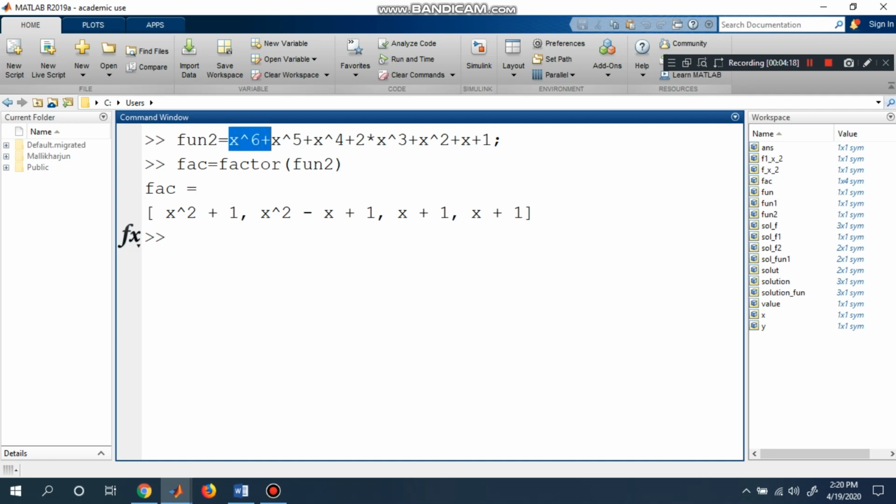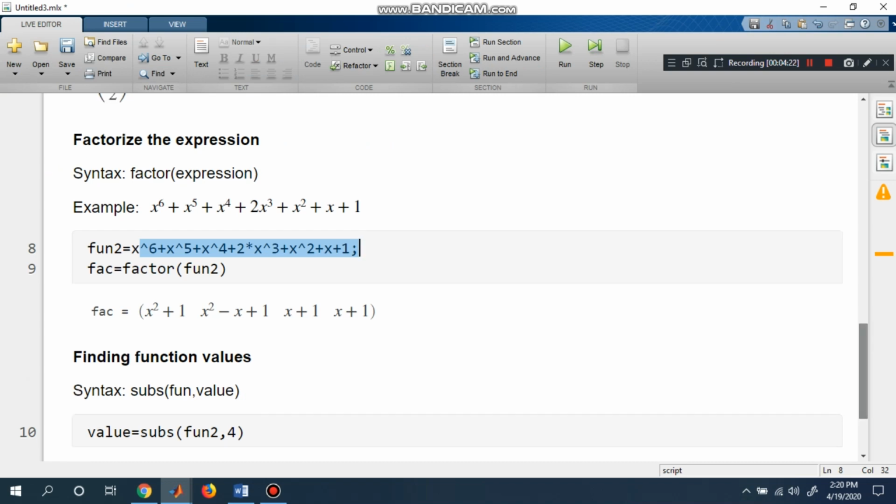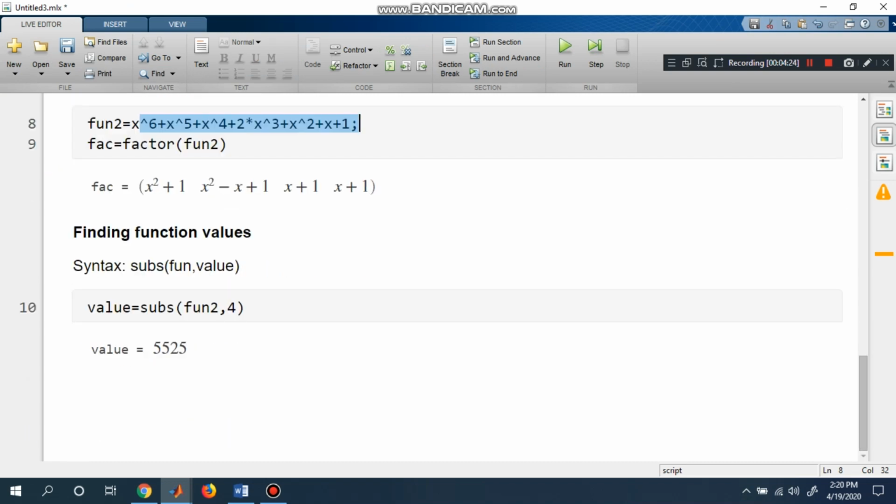Now I would like to find the function value at a certain x value. It is nothing but finding function values. For that the syntax in MATLAB is to simply substitute that x value in the function. This is subs. Suppose we take the same polynomial at x equal to 4, what will we get?